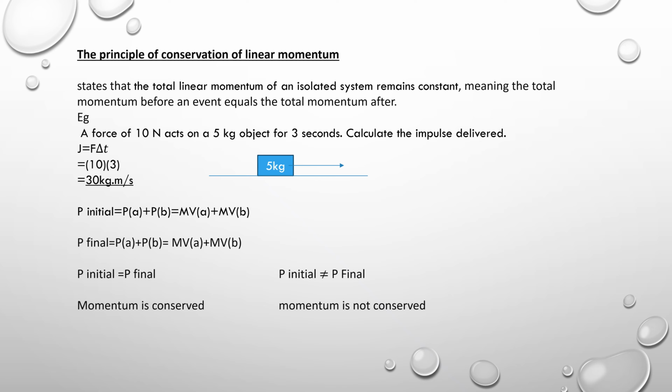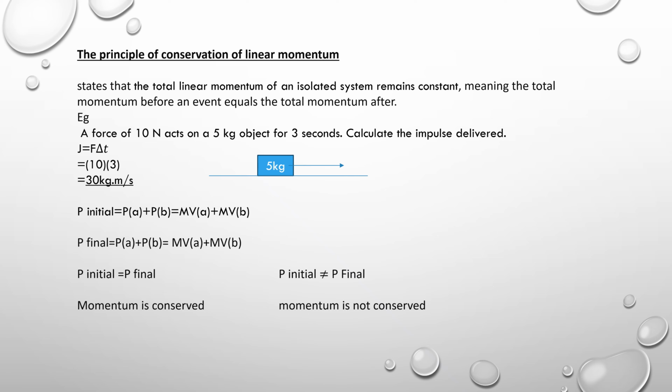Then the principle of conservation of linear momentum says the momentum initial is equal to the momentum final. So you are going to say momentum initial is equal to momentum of object A plus object B, so it is equal to mass of object A times velocity of object A initial plus mass of object B times velocity of object B initial.